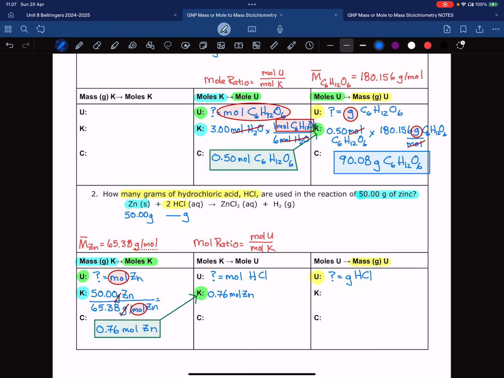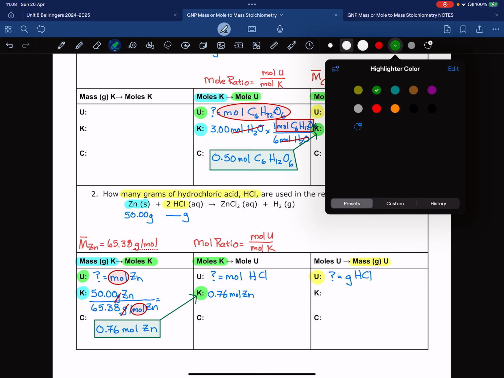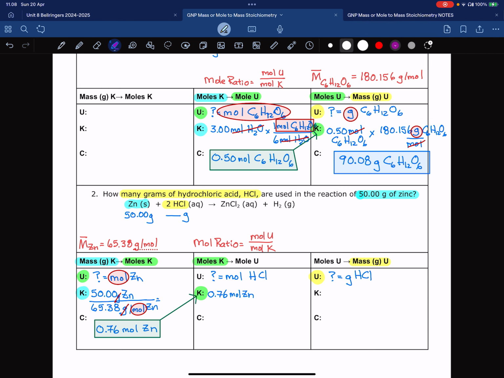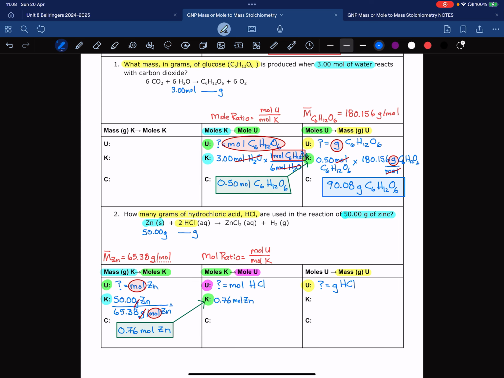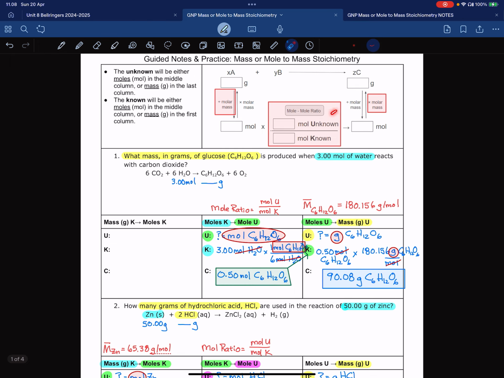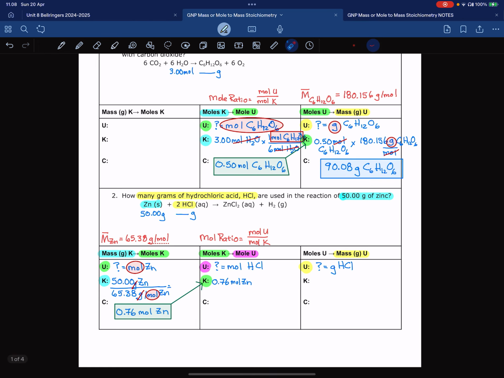So I'm looking for moles of hydrochloric acid. Now, I'm going to change my colors here to make it a little easier to follow. So this was moles of the known, and then it became here. Those are both green. They're the same. Then I'm going to put this one as purple, another interim unknown. We multiply by the mole ratio.